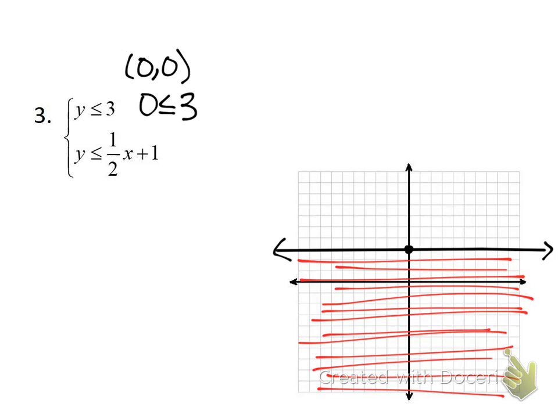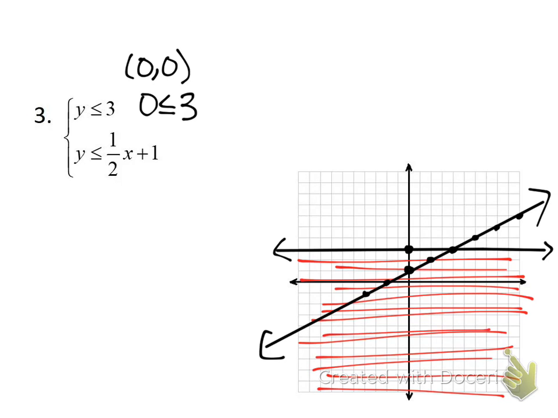So this is part of why I wouldn't shade too dark, because now we're going to be writing through what we shaded over. Alexis, what's our slope? 1/2, up 1, right 2. Good. Up 1, right 2. And we've already talked about this. Our line is going to be solid or dotted? Solid. So, however many points you need to get a good idea of what this should look like.